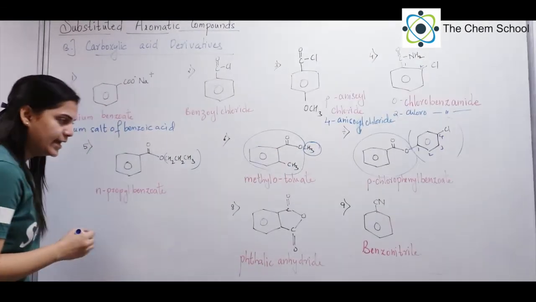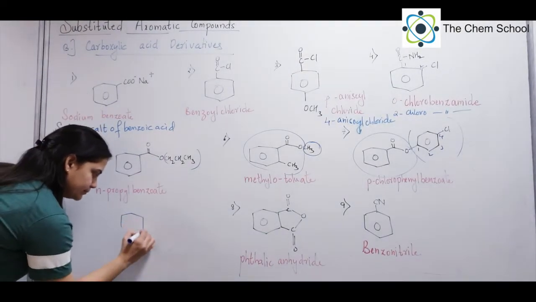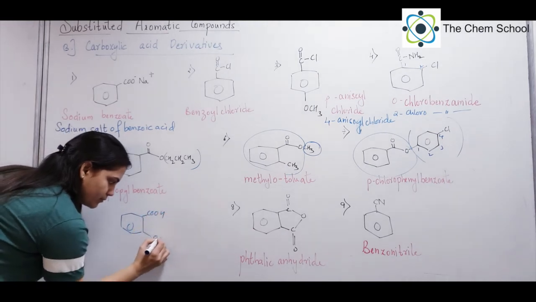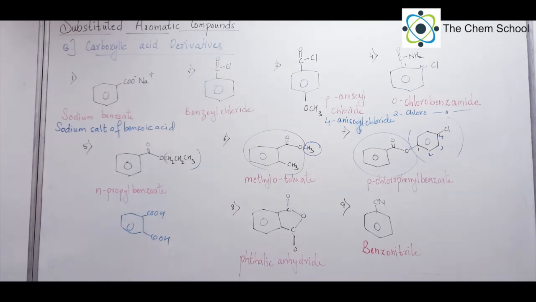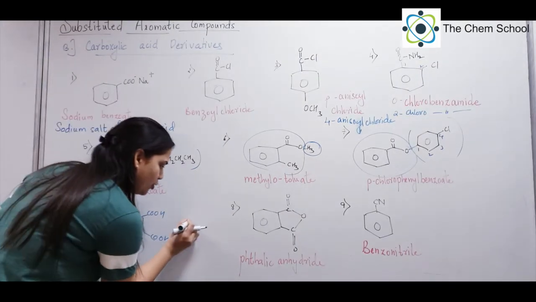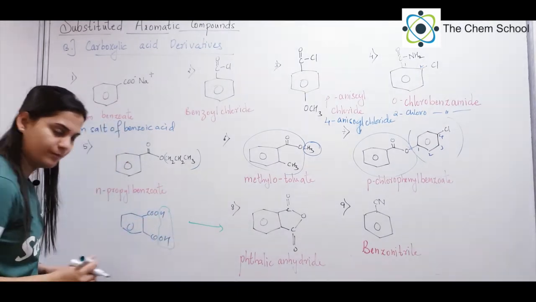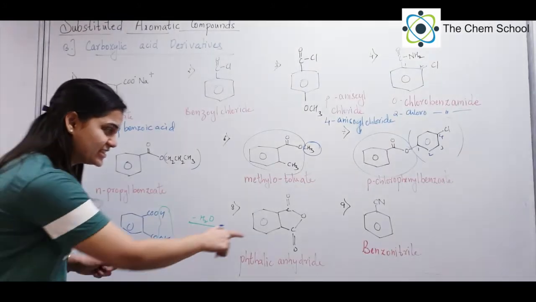Fine. Have a look at the next one. If you remember phthalic acid, right? From phthalic acid, if I just remove water, H2O, after removing water, this is the structure that you get.